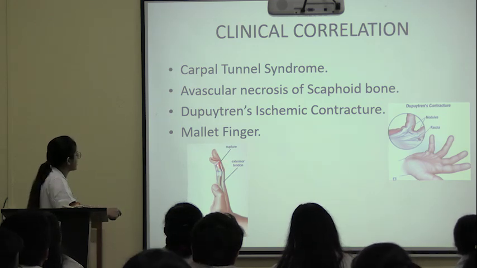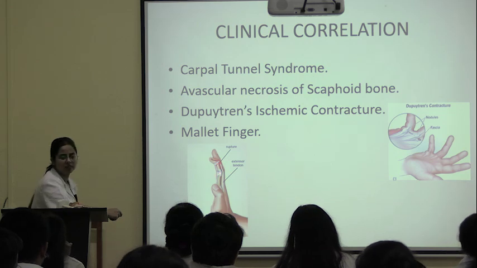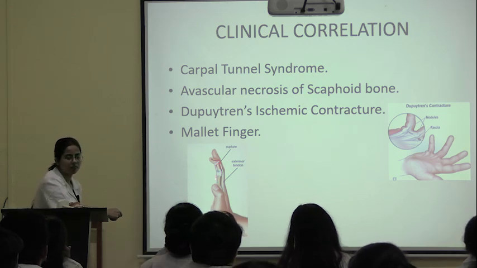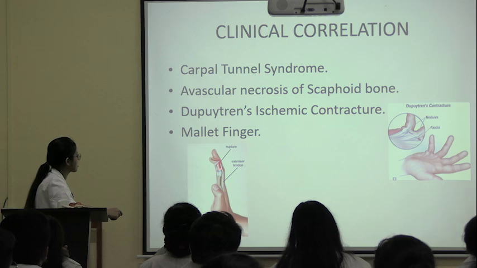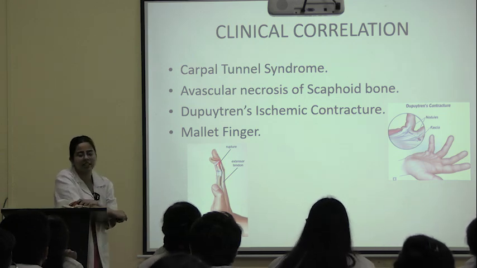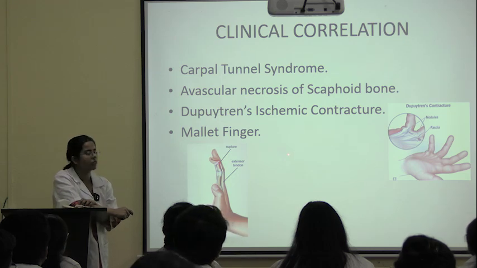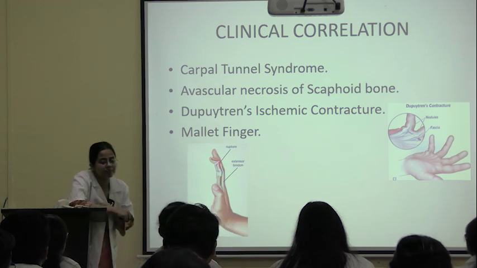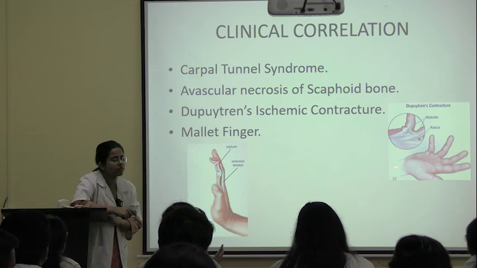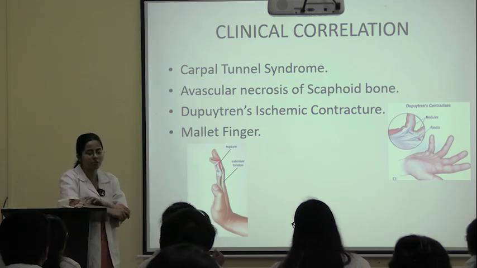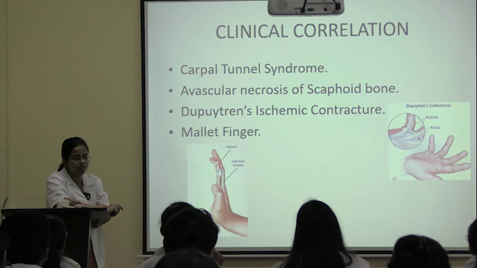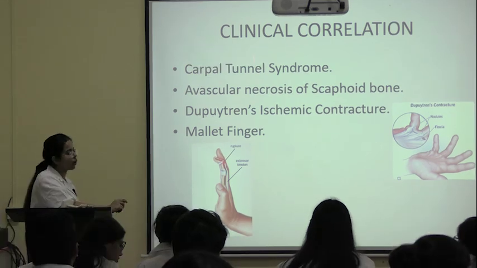You can see the finger is flexed. This is known as mallet finger. Is surgery needed for the contracture? Yes, we need to cut the palmar aponeurosis surgically. Did you get all these four?